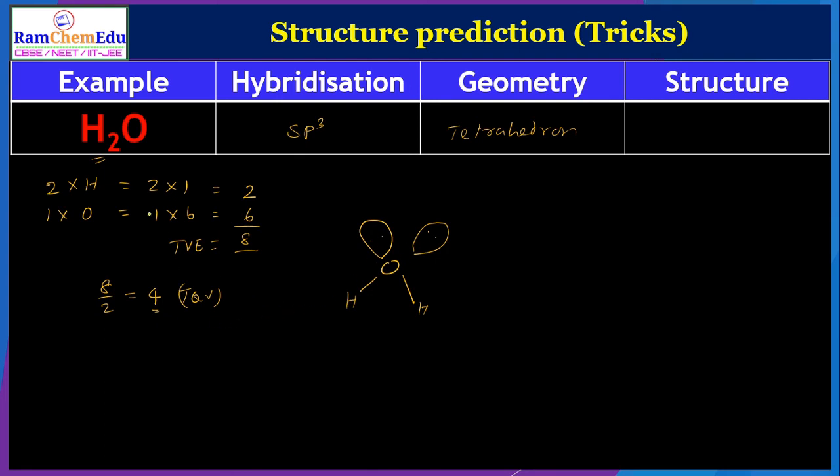Here we have only 2 hydrogens, so those 2 hydrogens we make as bond pairs and the remaining as lone pairs. So this is the geometry, right? So this is the tetrahedral geometry. If you want to write the structure, you have to omit these lone pairs. The remaining thing, if you see, is like a V shape or bend. So we can write this as V shape, or sometimes we can say it's bent. So this is the structure of the water molecule.